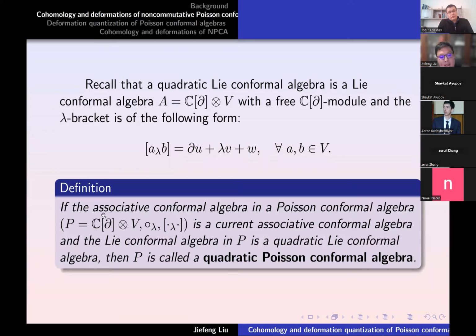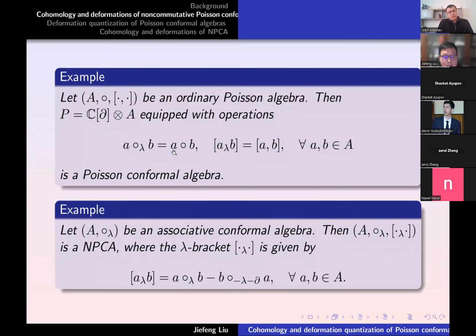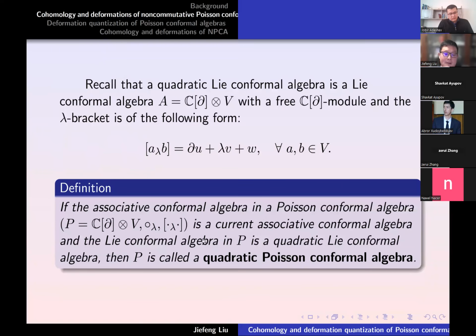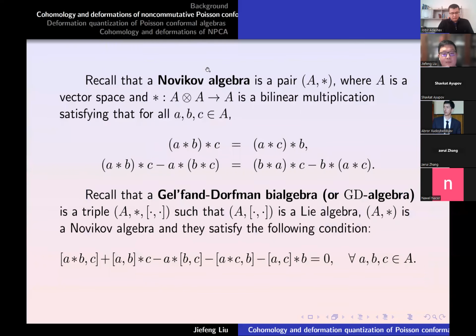If the associative conformal algebra in this Poisson conformal algebra is a current associative conformal algebra, meaning the λ operation is given in this form, and the Lie conformal algebra in P is a quadratic conformal algebra, then P is called a quadratic Poisson conformal algebra. This definition was given by Zhang, so I omit it.